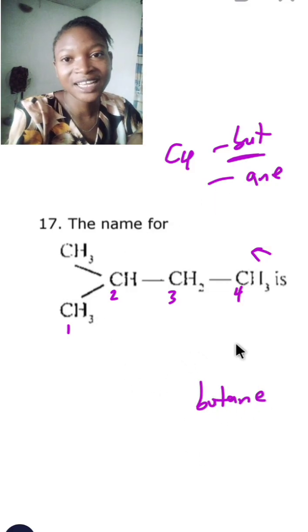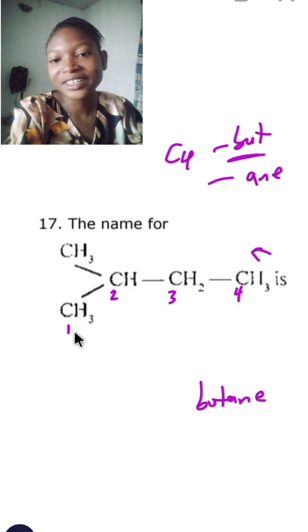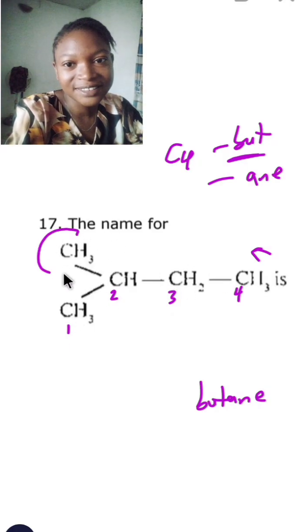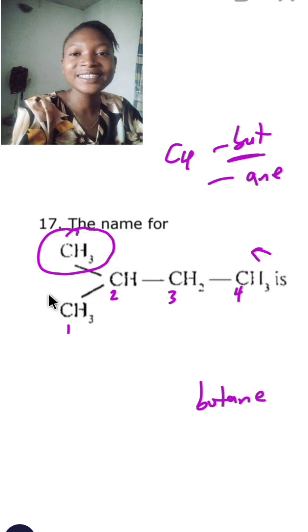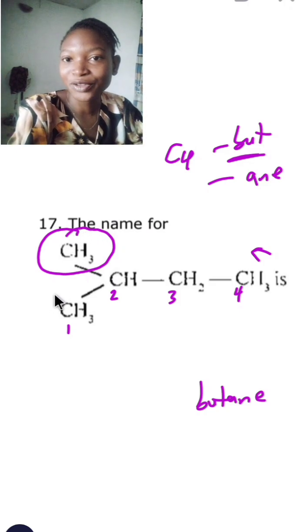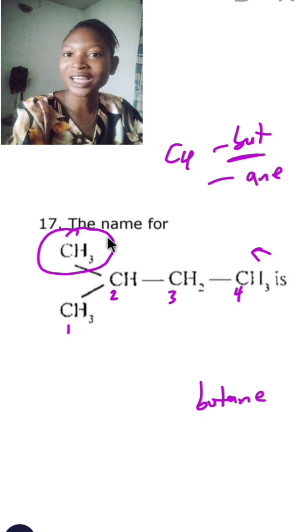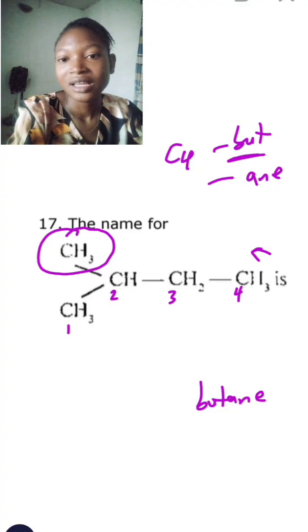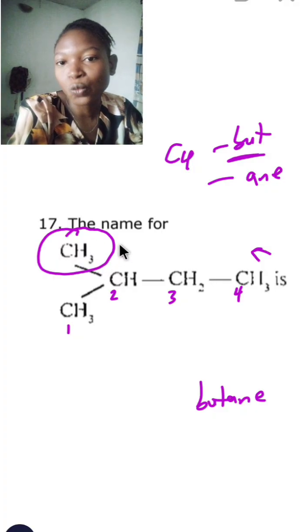The next rule is, is there a substituent? Now this is our longest carbon chain, right? You can see that this is not part of our chain. This is not part of our chain. Any branch that is not part of your chain is a substituent. For people that don't know the meaning of substituent, any branch that is not part of your chain is a substituent. How many substituents do we have? 1.